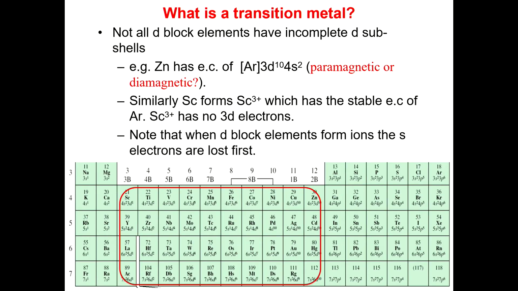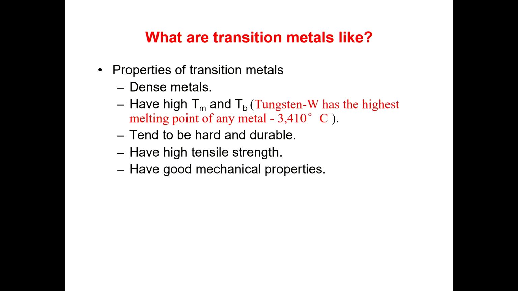So this is about the d block metals. All the elements are metals, and most of them are magnetic. The reason is they have single electrons. And here also shows some very common properties of the d block metals, which we also call transition metals. Basically, they have high melting points and boiling points.